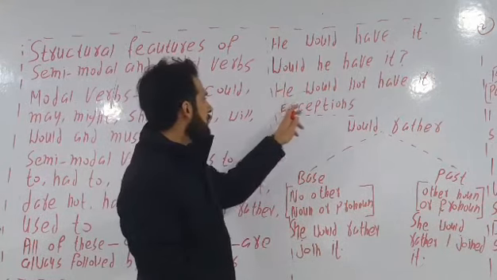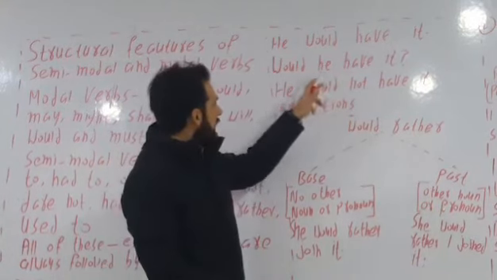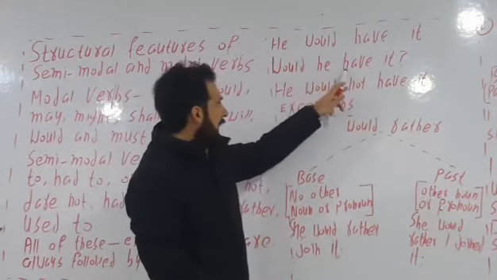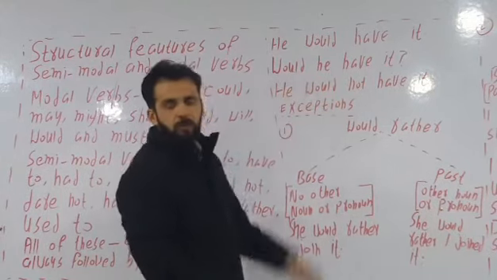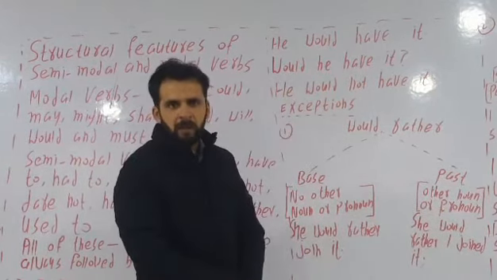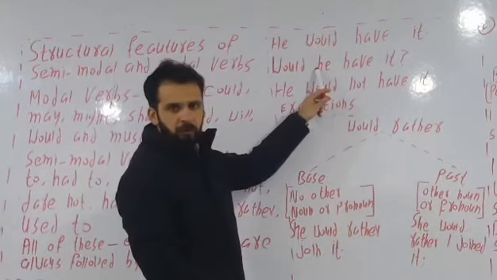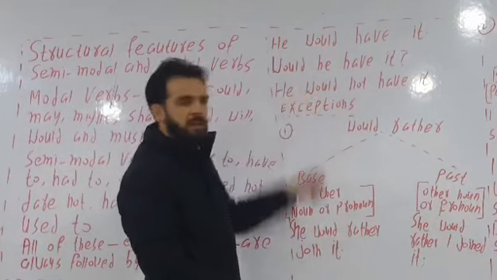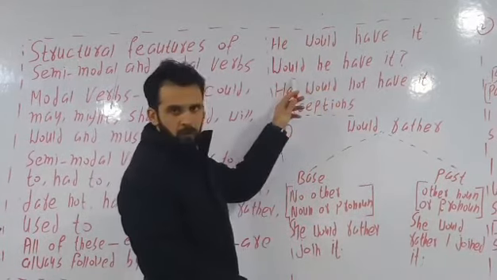For example, he would not have it, would he have it. Here we use have with he because of the use of would, because of the use of a modal verb. We usually do not use have with he, we use has, but here we use have. This is because of the use of a modal verb.